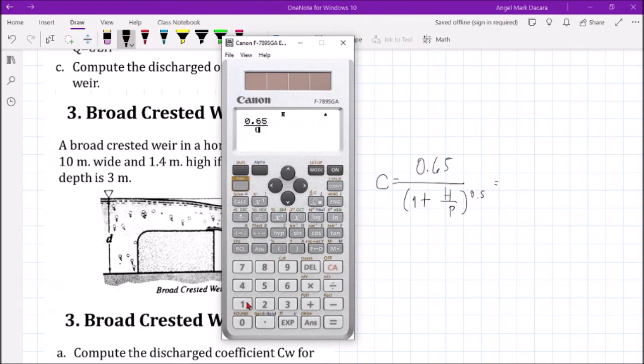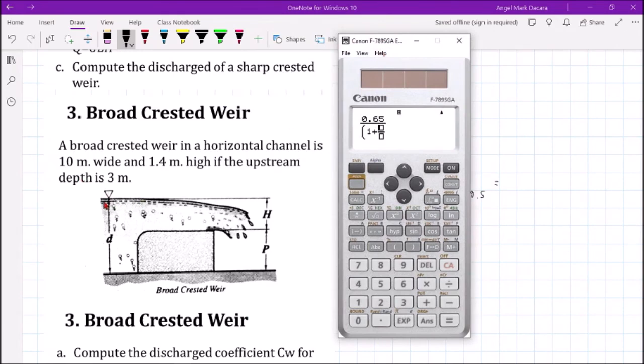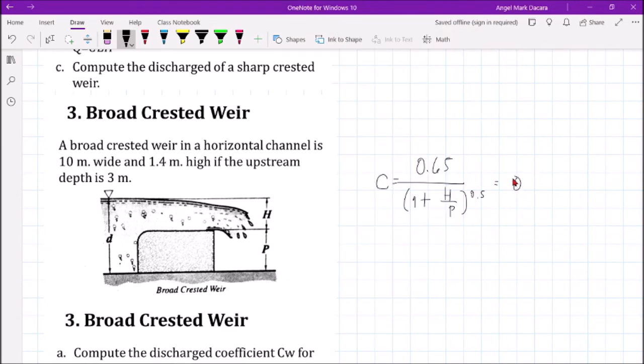Okay, so 1 plus, ang head natin this time is, kung 3 meters ang taas ng tubig upstream, and 10 meters wide, 1.4 meters high. Okay, ito 1.4 itong P. So 1.6 din ang head. Okay? Then P is 1.4 raised to 0.5. So C is 0.44. So makita nyo, mas maliit yung C.